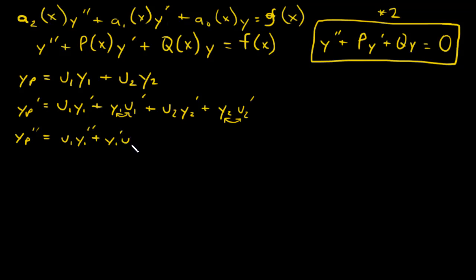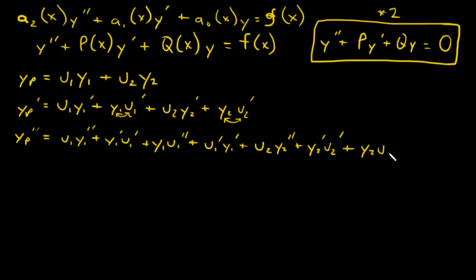y1 prime, u1 prime, that's for this term, plus y1, u1 double prime, plus u1 prime, y1 prime, that was this term, plus u2, y2 double prime, plus y2 prime, u2 prime, that's that term, plus y2, u2 double prime, plus u2 prime, y2 prime.